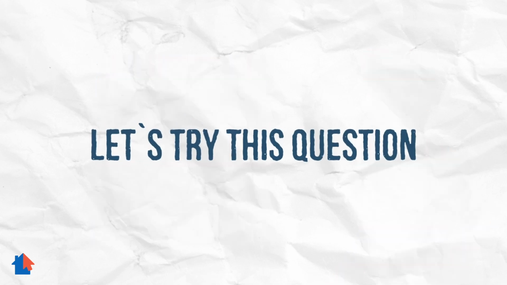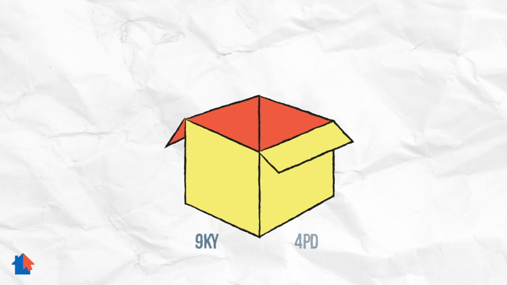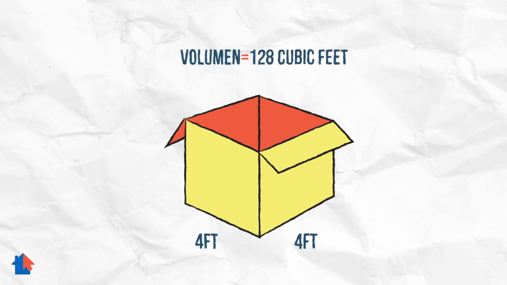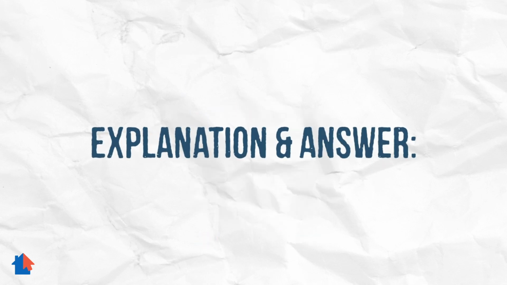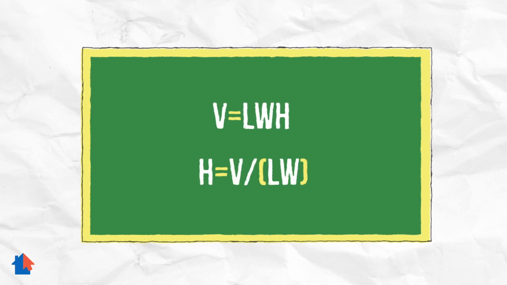Let's try this question. 1. A rectangular box with a volume of 128 cubic feet has a length and width shown in the image. What is the height in feet of the box? Explanation and answer. The formula for the volume of a rectangular box is V equals LWH. We need to find height, so we rewrite the formula to be H equals V divided by LW.